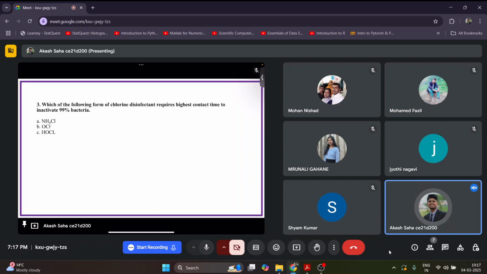Highest contact time means which is the least efficient. We are saying highest contact time means which one of them is the least efficient, or has the least disinfection.